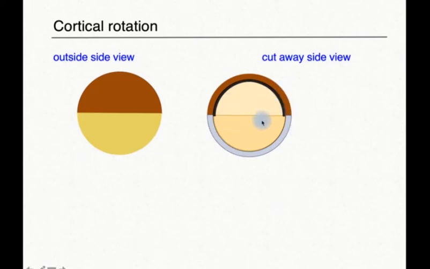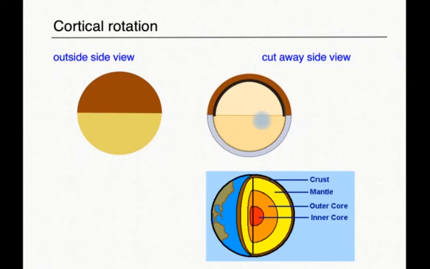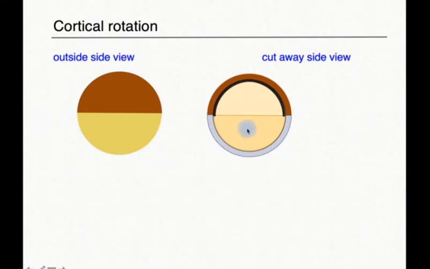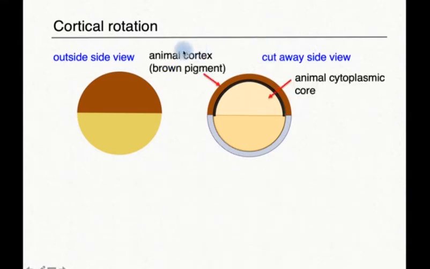So there are more parts to this egg, and this reminds me of the Earth. Remember, you have the mantle, and the crust can move on the outside of the mantle. Well, it's the same idea with the egg. The animal cortex is a rigid, thin piece that wraps around the outside of the egg, and it's loosely attached to, and can move independently from, the core on the inside.